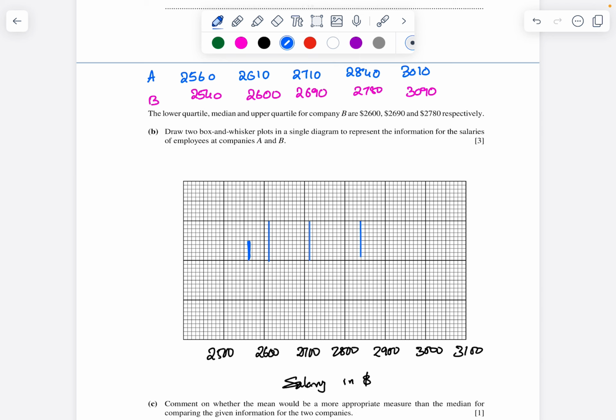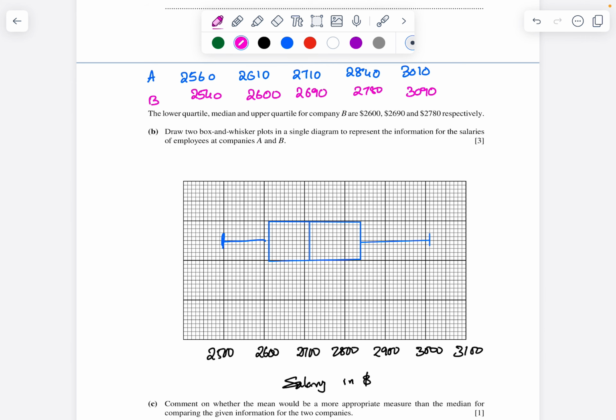Then 2840, then 3010. So over here I erase this and draw 3000. The minimum is 2560, then 2610, 2710, 2840 and 3010. So this is going to be the box plot for A, with whiskers on both the sides.